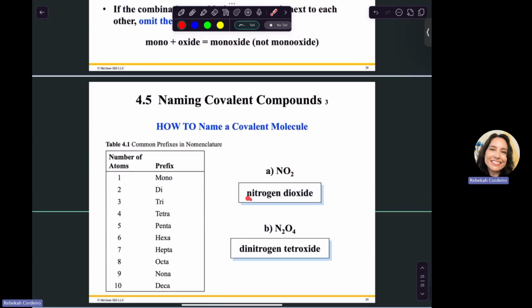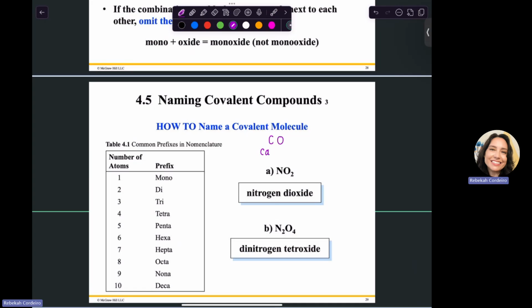So nitrogen is the first element, and there's just one of them in NO2. So we see the prefix is mono. If we're going to put mono on the first element, just don't. Omit mono if it's on the first element. But you do say mono if it's on the second element. Think about what you know.